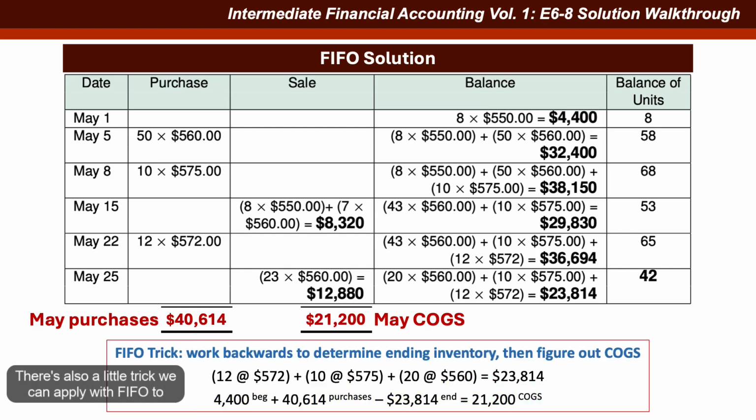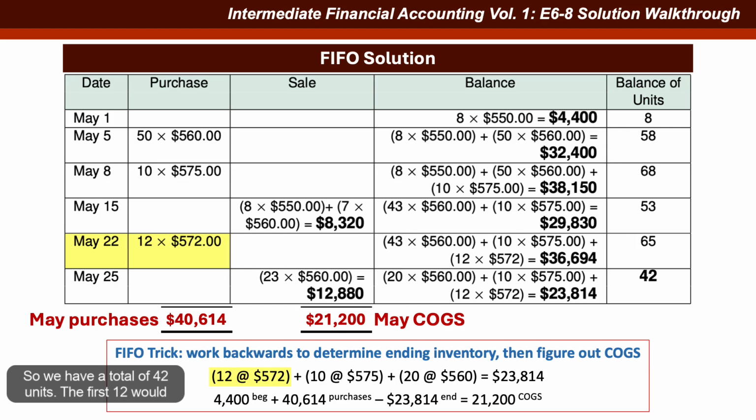There's also a little trick we can apply with FIFO to make a question like this a little bit quicker to solve if we only need to determine the total cost of goods sold in the period. And to do that, we can work backwards to determine the ending inventory, then figure out the cost of goods sold. So rather than working from the top down, we start building our inventory based on the most recent purchases. So we have a total of 42 units.